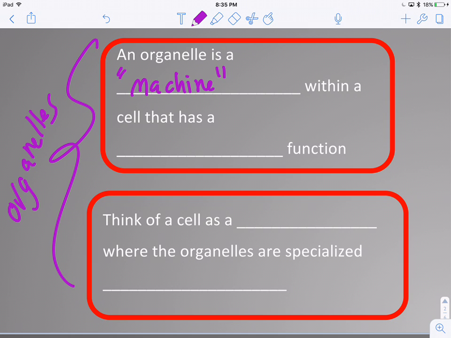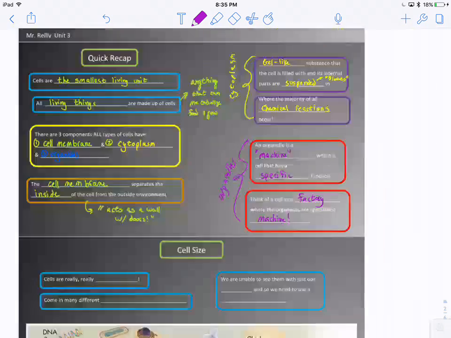Within a cell that has a specific function. Okay? And if we think of a cell as a factory, we can think of an organelle as a specialized machine. Okay? So hopefully that all makes sense to you. You guys should remember the majority of that.